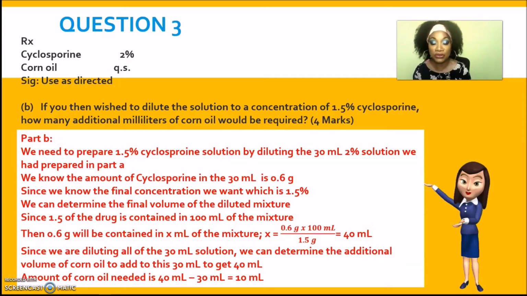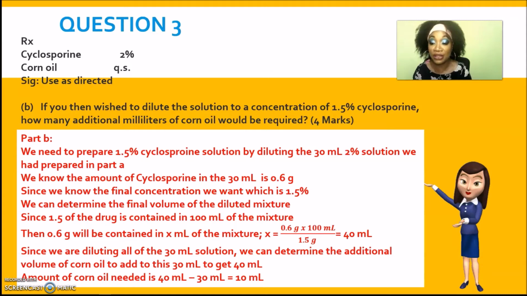We know the amount of cyclosporine that will be contained in this 30 ml. We calculated before in part A to be 0.6 grams. If we know the final concentration of the diluted cyclosporine solution we want to get, then we can determine what volume, based on that concentration, 0.6 grams will be contained in.